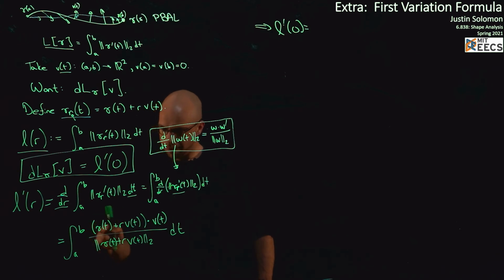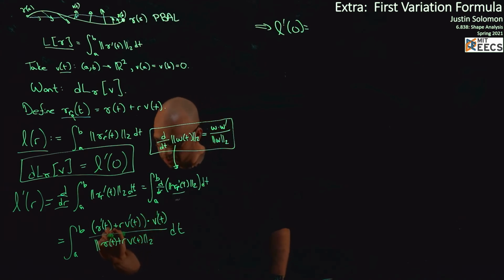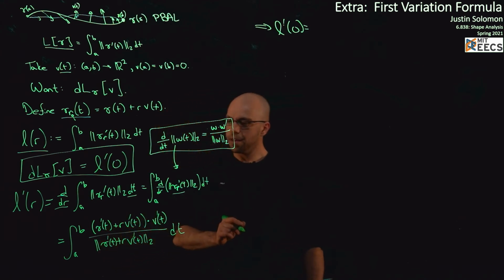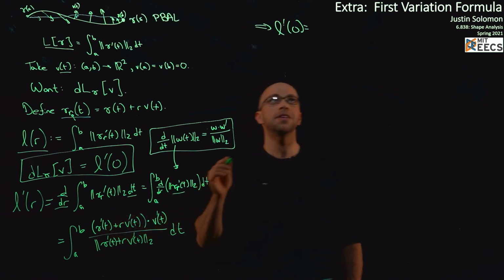gamma, oops, I've made a bit of a mistake because there's a prime here. Okay. So, when I substitute in r equals 0, I'm going to have gamma prime dot v prime.